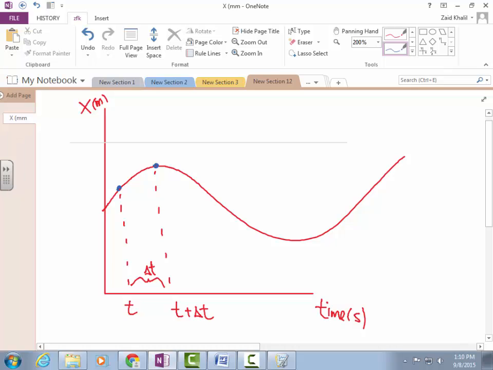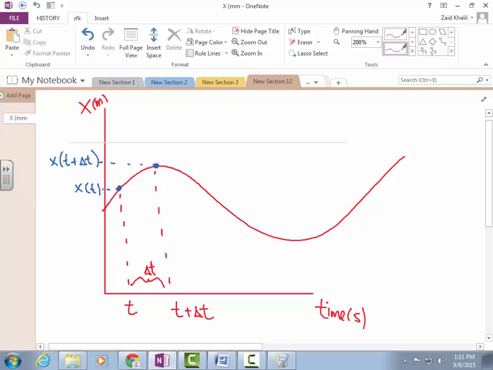So what is the change in position here? What is that position value equal to at that point in time? It's going to be x of t. And this is x of t plus delta t. What is the definition of slope?